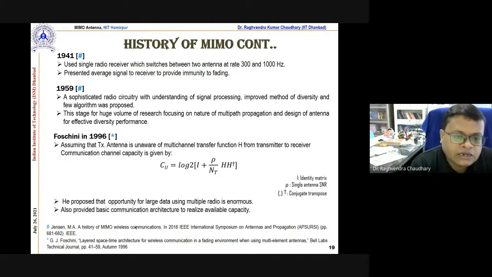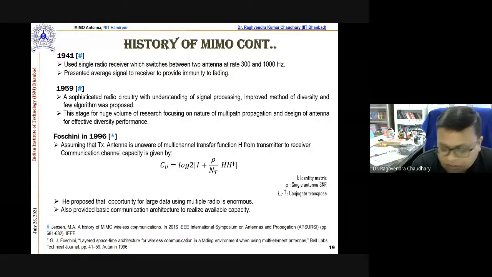In 1996, they assumed antennas unaware of the multi-channel transfer function. The communication capacity was given with a formula that is very well known. He proposed an opportunity for large data rates using multiple radios and also provided a basic communication architecture to realize the available capacity.